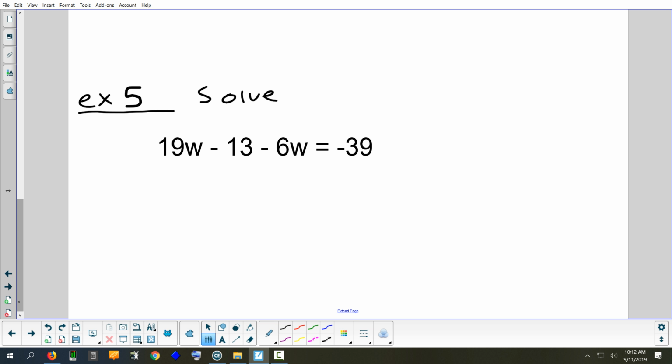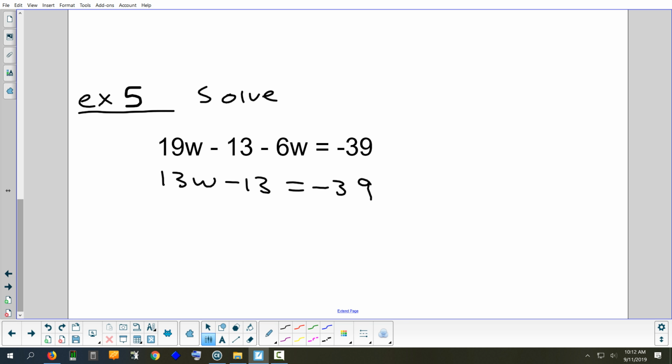Can you tell me what my like terms are? 19w and negative 6w. The negative goes with the 6. And what do you get if you combine those together? 13. Perfect. So we got 13w minus 13 equals negative 39.